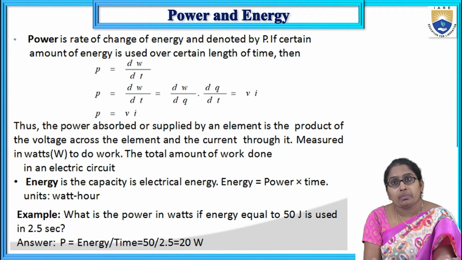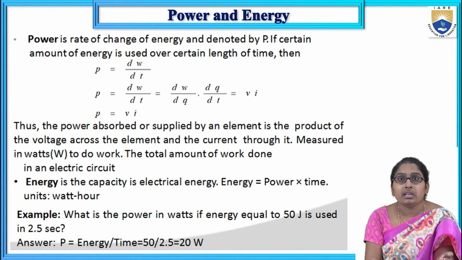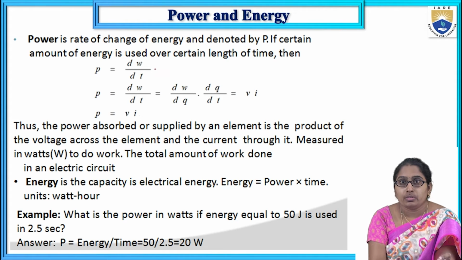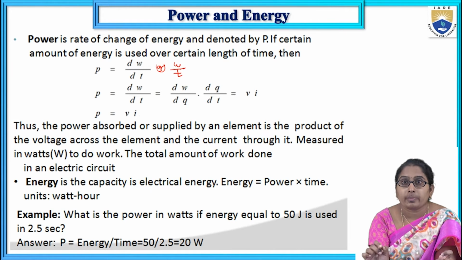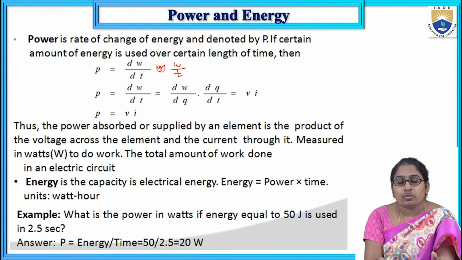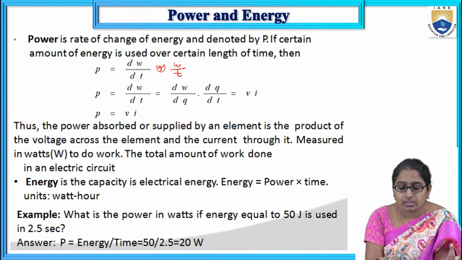It is denoted by P. The mathematical expression is P equal to dW by dt, or simply W by T. So rate of change of energy, rate of change of work done, W by T, which is also nothing but dW by dt.